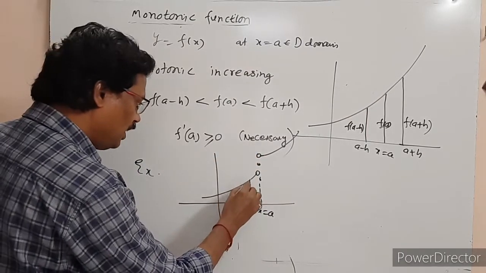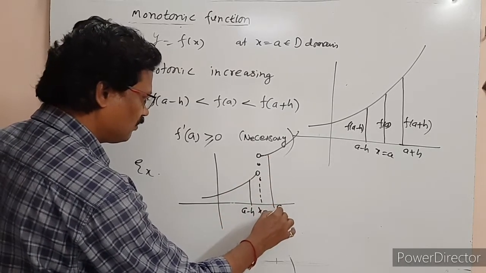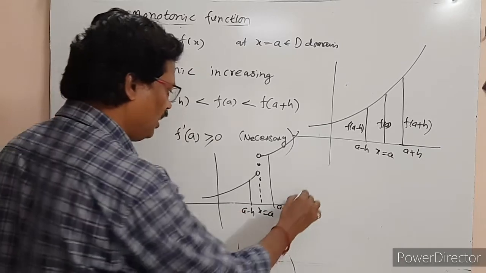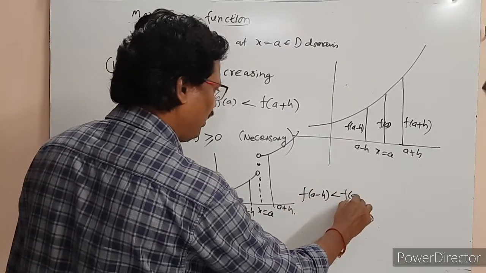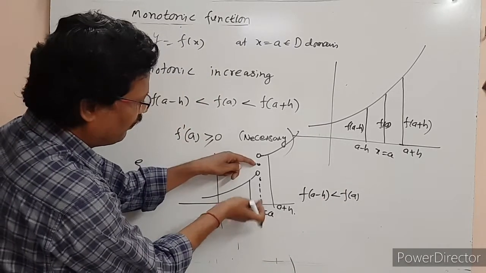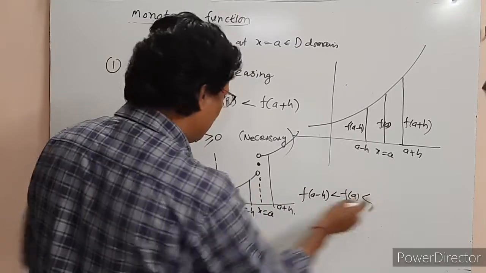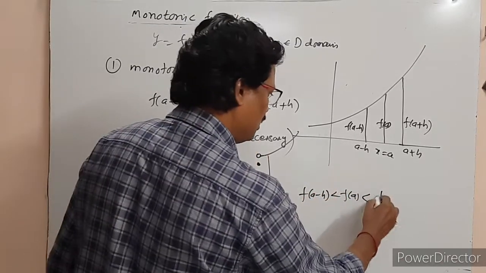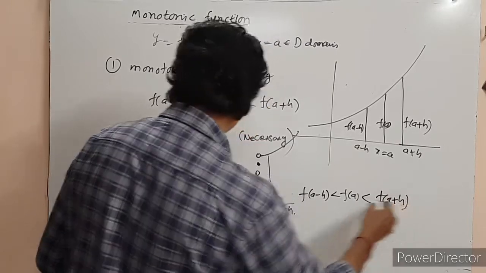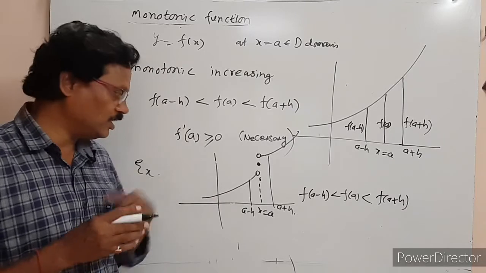Therefore this is a minus h, this is a plus h. Now see here, f of a minus h is less than f of a. Why? This is f of a here, this is less than f of a, this f of a less than this one, this height is more. Therefore this is an example for the monotonically increasing.